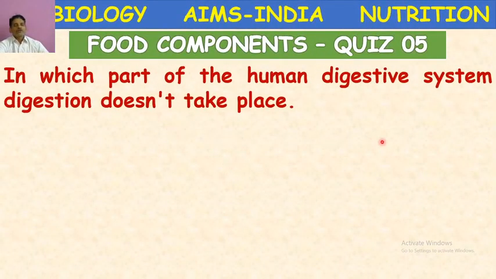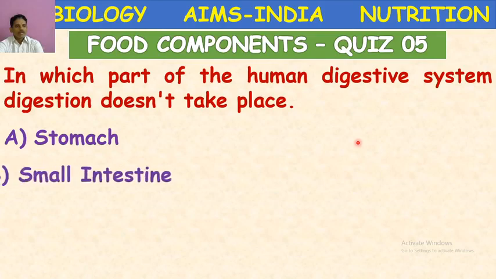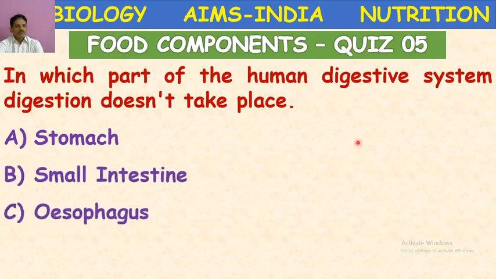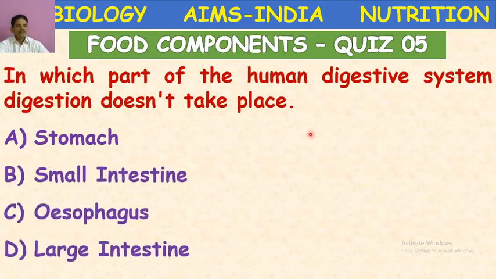In which part of the human digestive system does digestion not take place? Stomach, small intestine, oesophagus, large intestine. Come on, recall. Very good. C, oesophagus or food pipe.